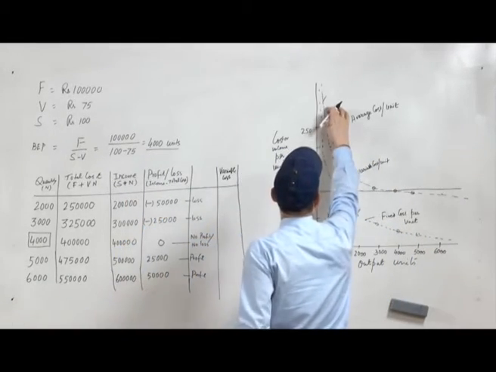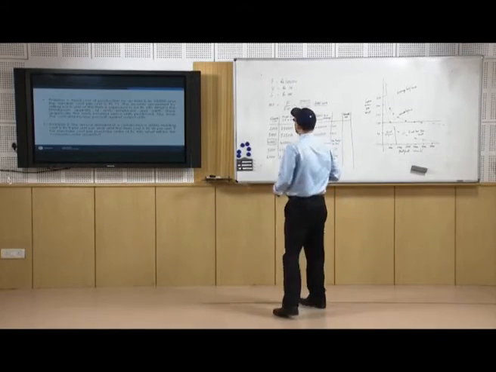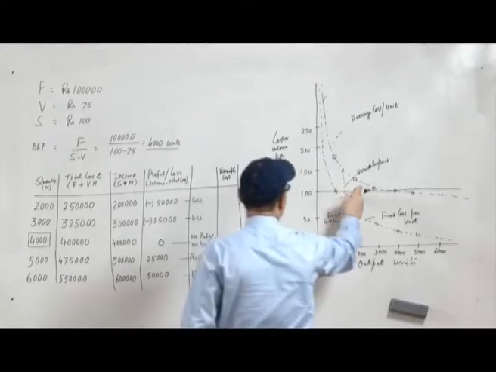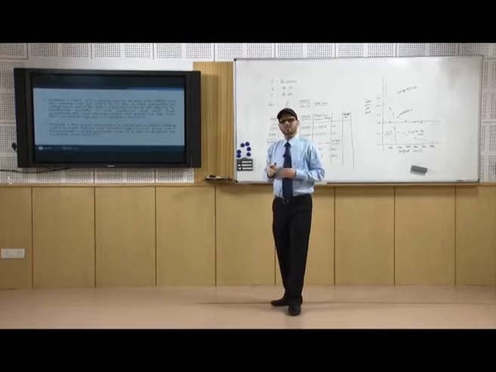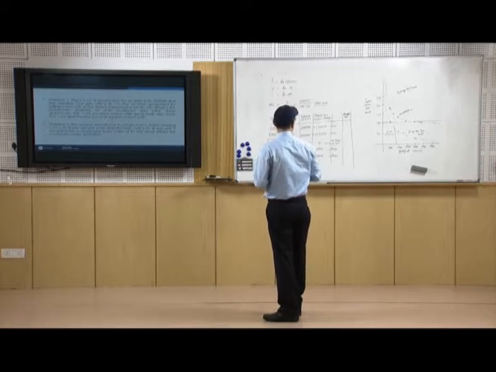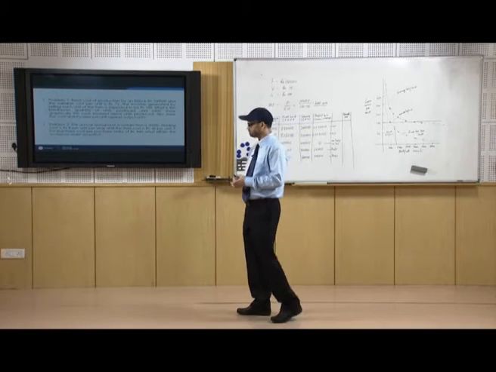So that is how we can see that such problems can be solved. You can also locate the break even quantity, where there is no profit or no loss. Now let us discuss the next question.